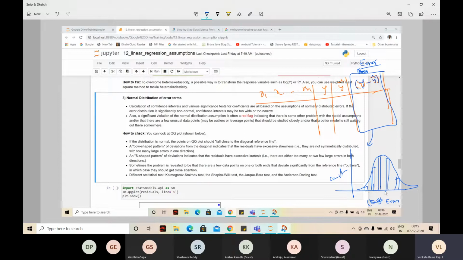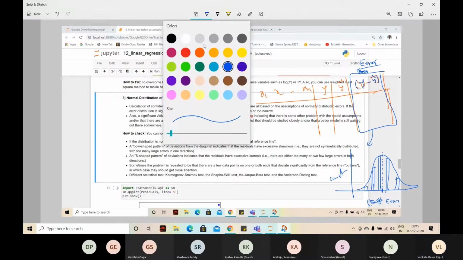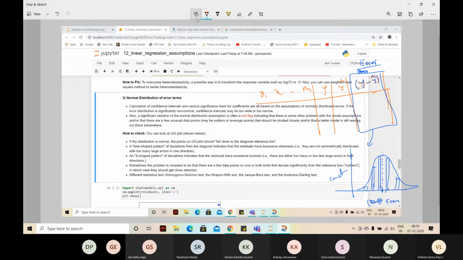What could be the value of x here? That is nothing but error equal to 0. Yes, very good. Error 0. Most of the errors are close to 0.